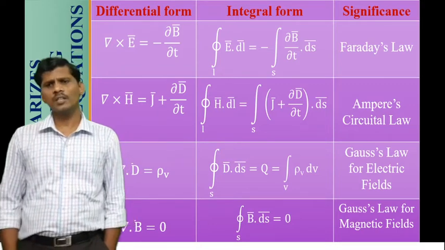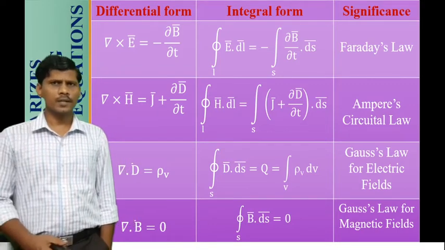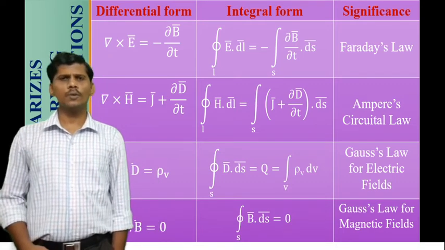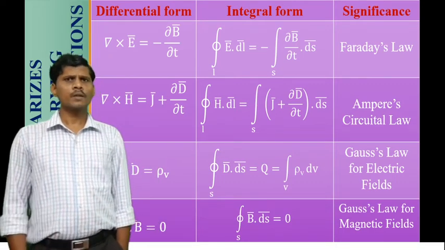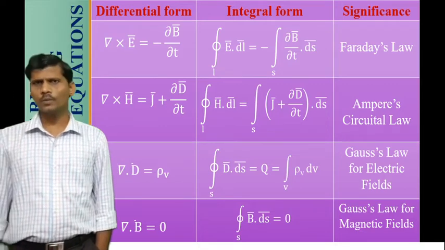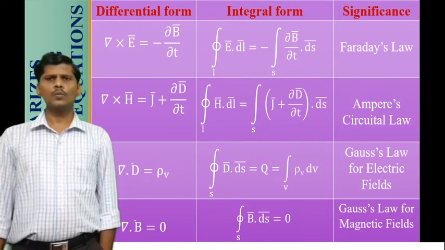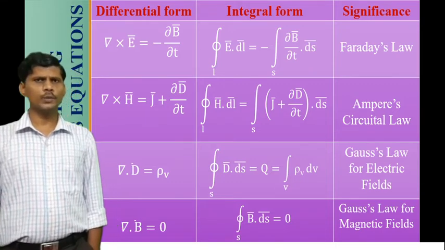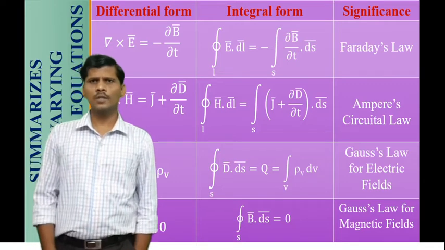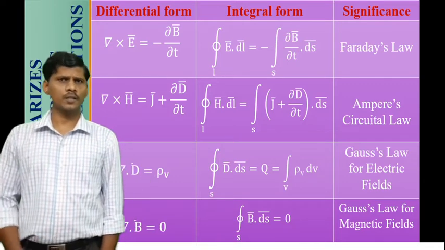The third Maxwell equation is Gauss law for electric fields. What is the integral form? Closed surface integral of D bar dot ds bar is equal to Q, which is equal to the volume integral of rho v into dv. That is the integral form of Gauss law for electric field.